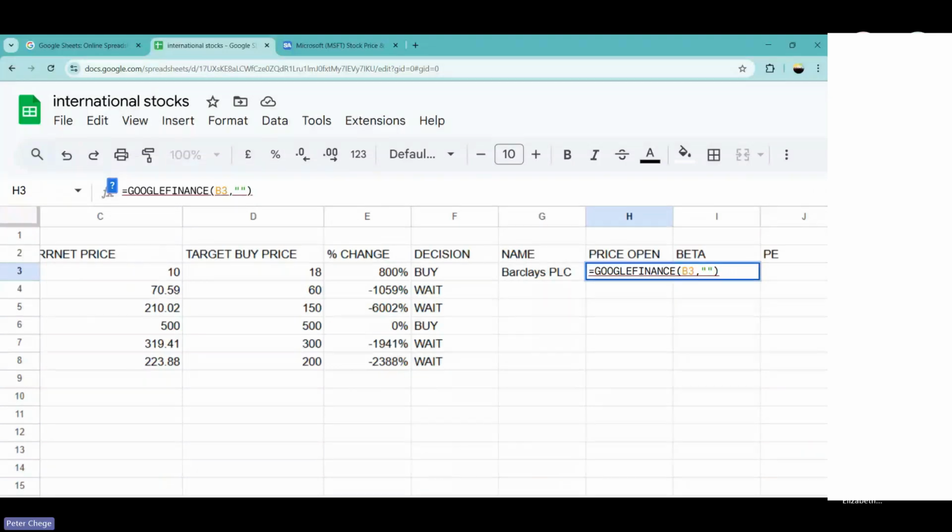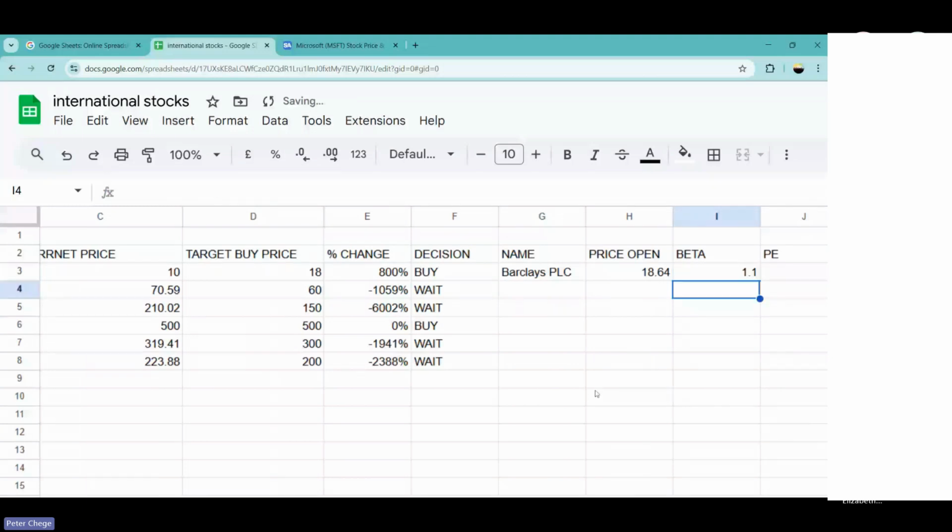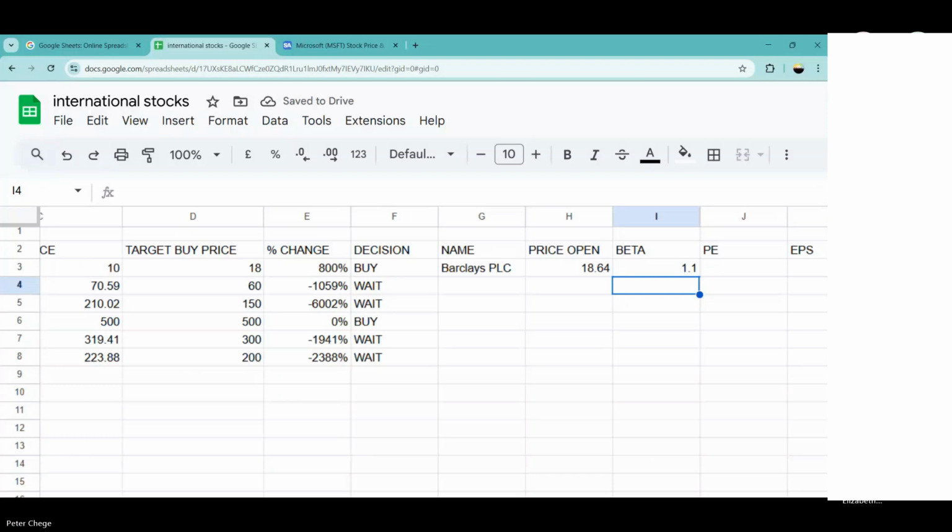To price open, enter. Then beta. This is the beauty of Excel. You're just copy pasting the formulas. 1.1, this is a volatility.